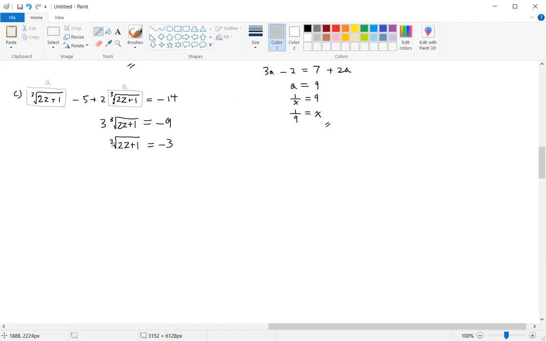Same as before, moving the cubic root over is to cube both sides to cancel it, just like when you move a square root over it's a square. Moving a minus over is an add. Minus 5 over is add 5. Cubic root here, move it over is exponent 3. So here we have 2z plus 1 equals negative 3 cubed, which is just negative 27. The rest is very clear now.